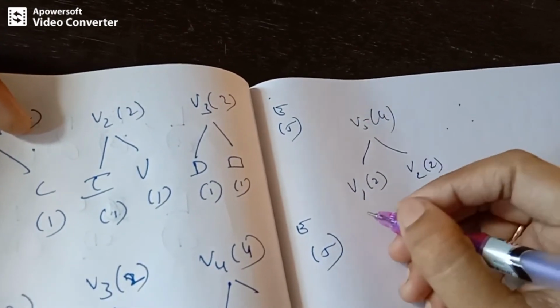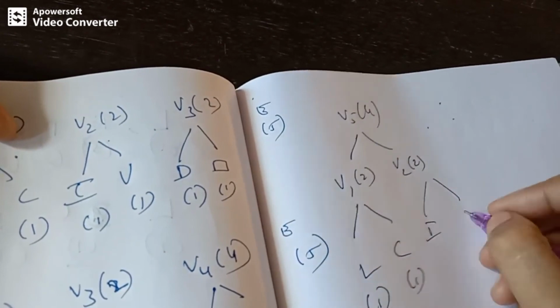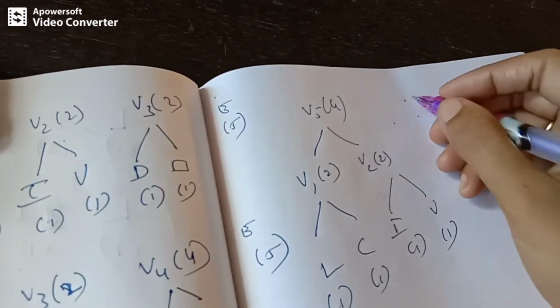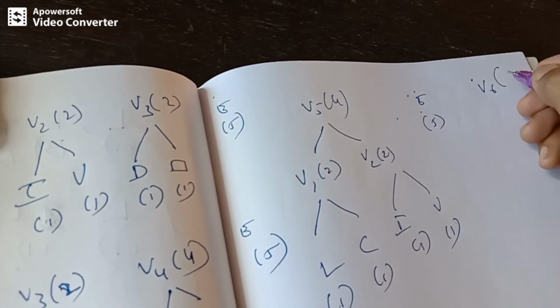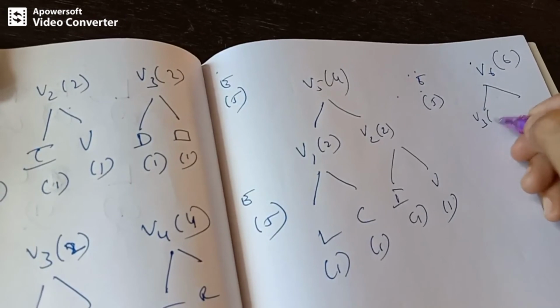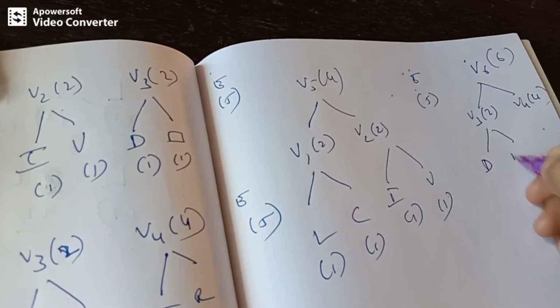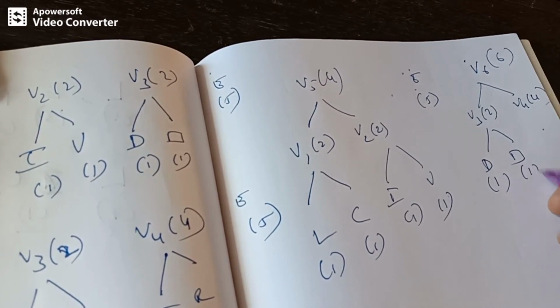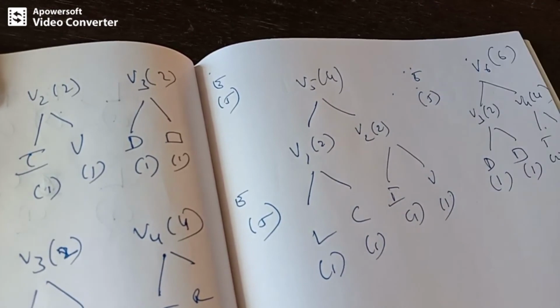The next level looks like this. So E and 5. Next is vertex V6 whose weight is 6. And the tree looks like this: vertex V3, 2, V4, it is 4, D and space are their grandchildren. So T, R, 2, 2.